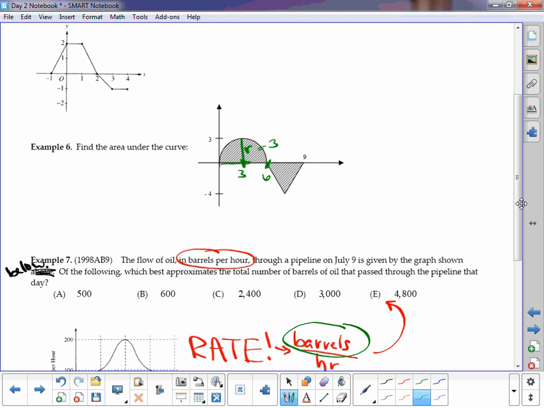Alright, so let's take a look at that other one, the 3-2A.